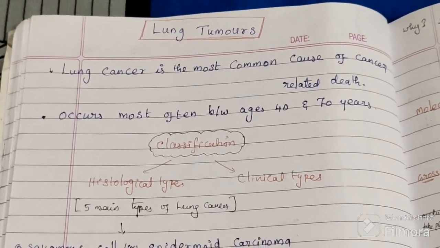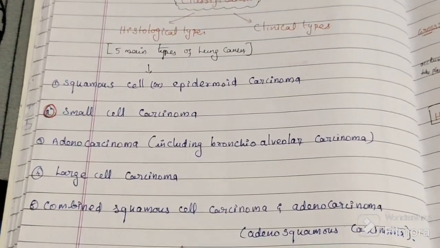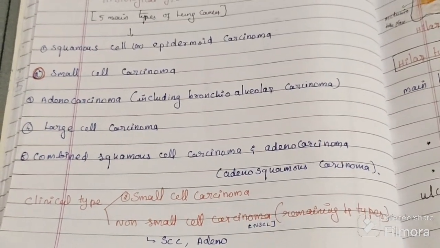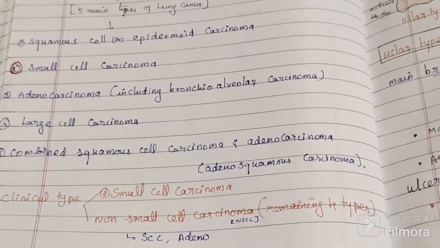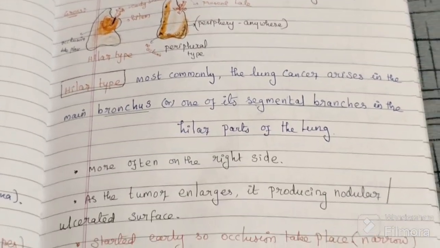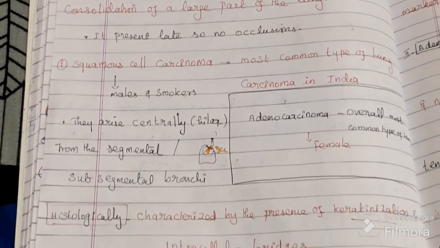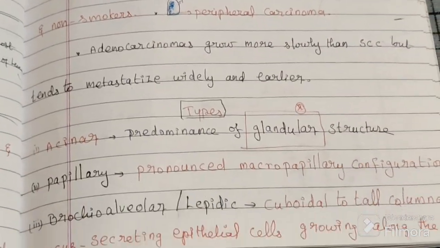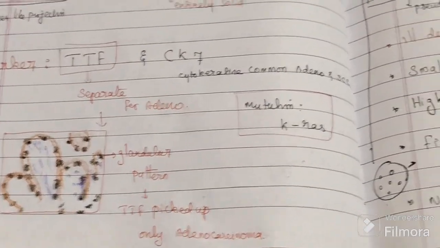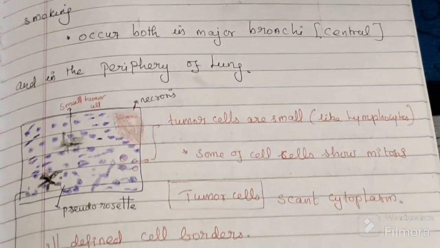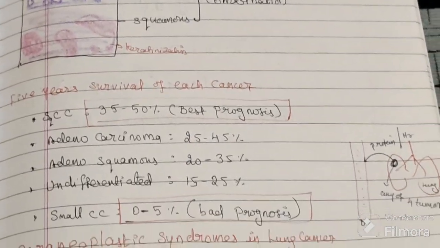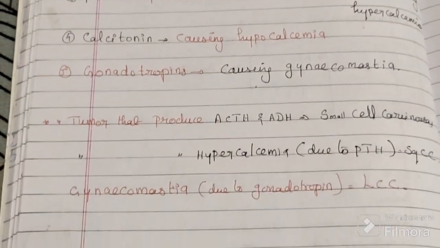In this video we discussed lung cancer classification: histologically 5 types, clinically 2 types, small cell carcinoma and non-small cell carcinoma, under which 4 types: squamous cell, adenocarcinoma, large cell and combined form. Thanks for watching.